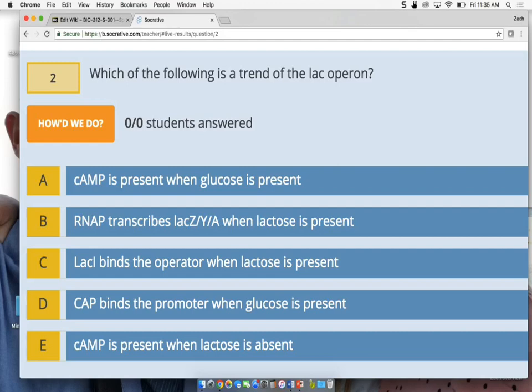Or E, cyclic AMP is present when lactose is absent. All of these are wrong with the exception of one. I'm going to give you a couple of minutes to identify the one that is right. Once you've done that, try fixing the others. Come up with a way to fix each of the other ones.